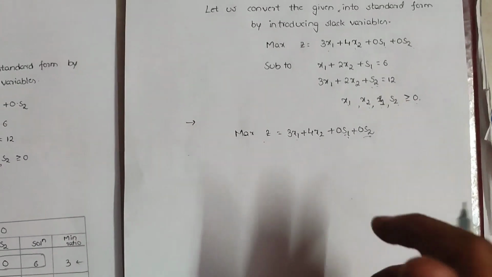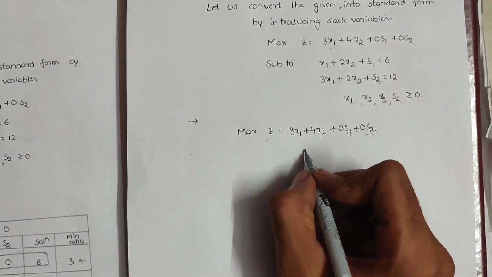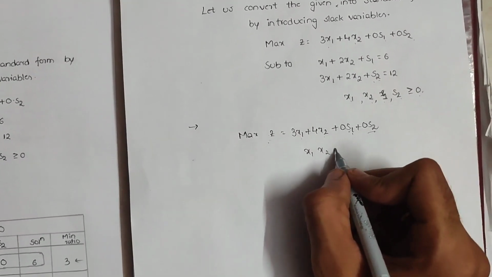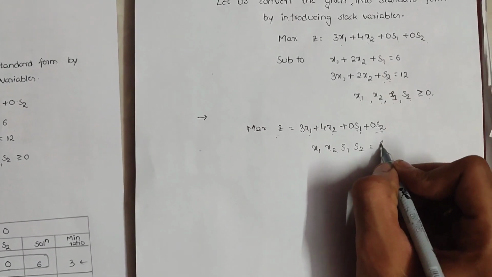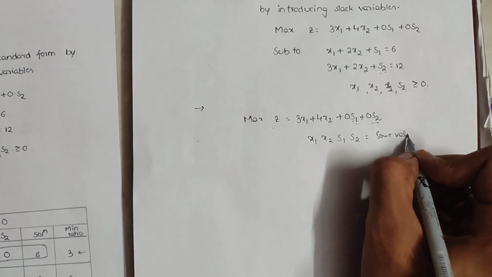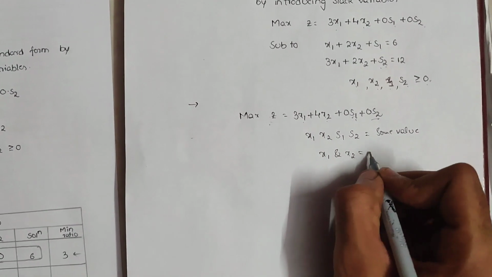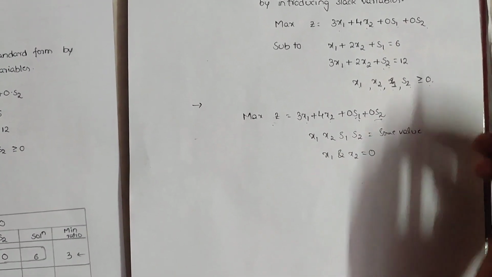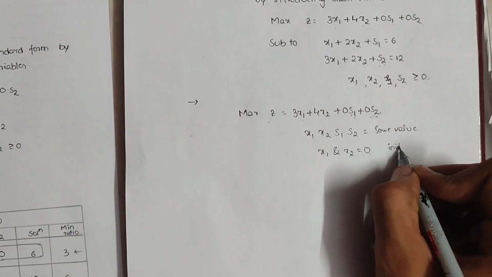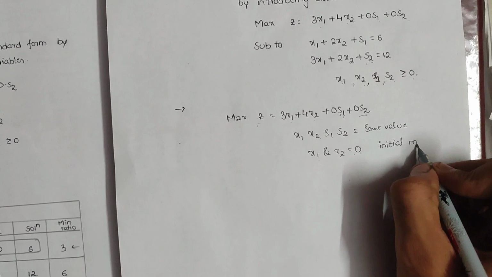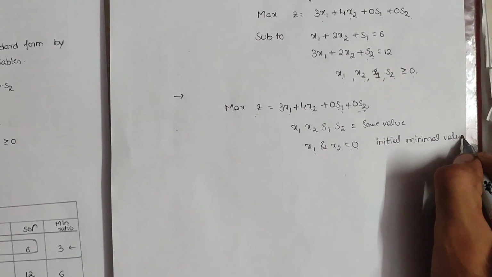Let us find the minimal possible value of z. The minimum possible value of z occurs when x1, x2, s1, s2 equal some value. Let us consider x1 and x2 equal to 0, as they are always greater than or equal to 0, be the initial minimal value for the given constraint.